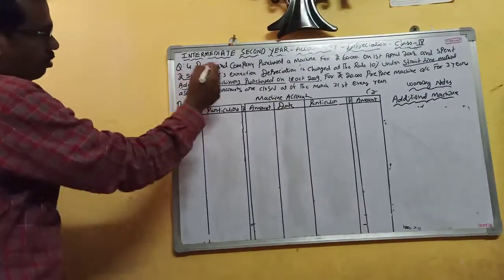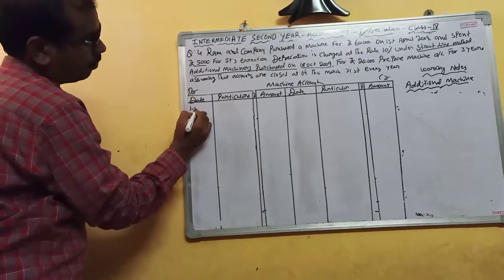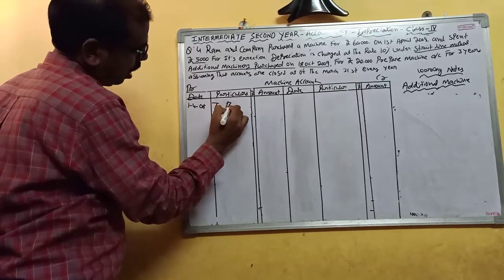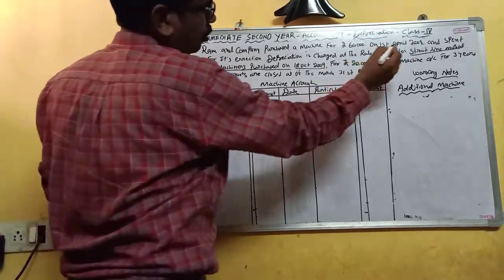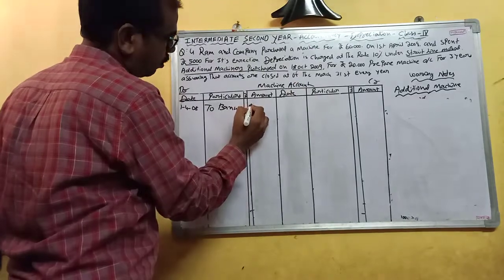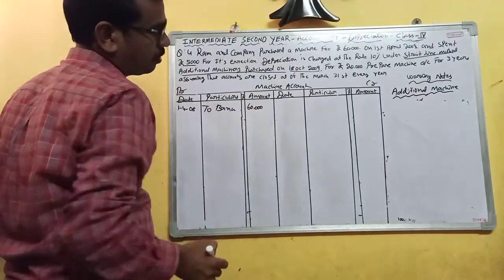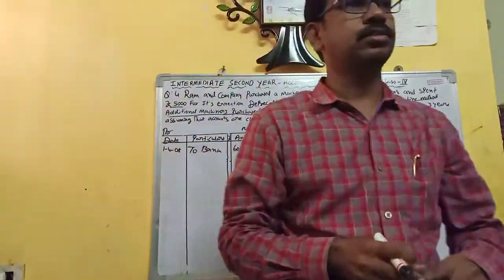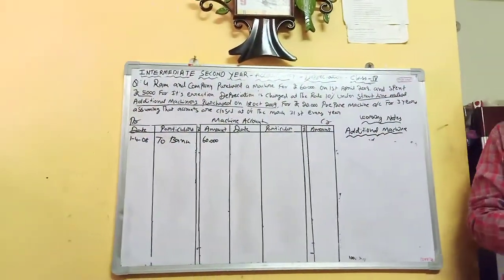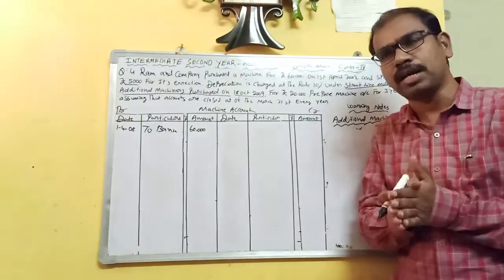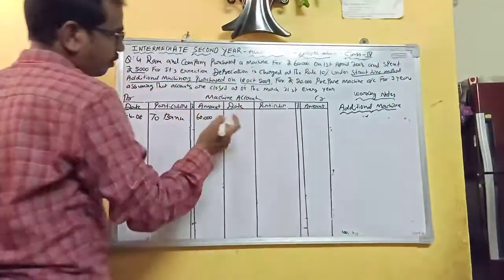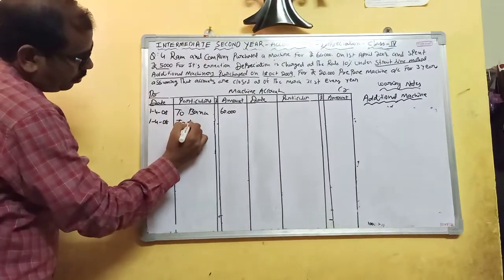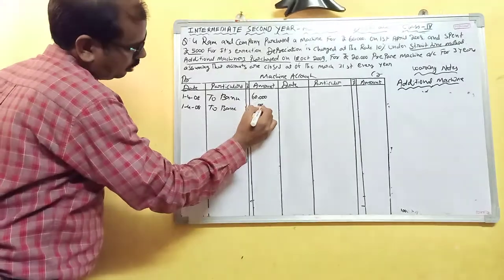Now, machinery account to bank, 60,000 rupees. If there are any additional charges like installation, carriage and exchange, whenever they are given, we should also credit the bank. To bank, same date, 5,000.